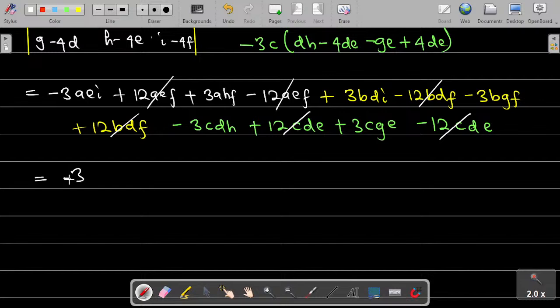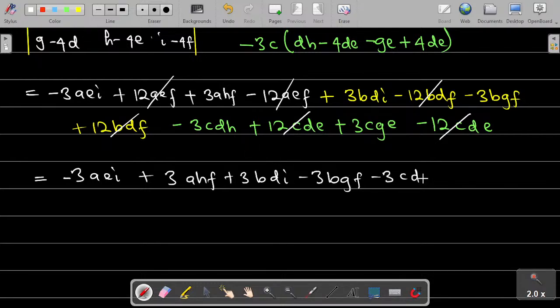minus 3AEI plus 3AHF, then plus 3 again BDI, then minus 3 again BGF, and then here we now have minus 3CDH, and finally plus 3CGE.